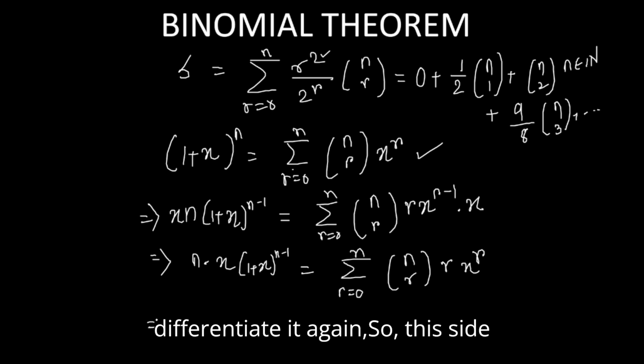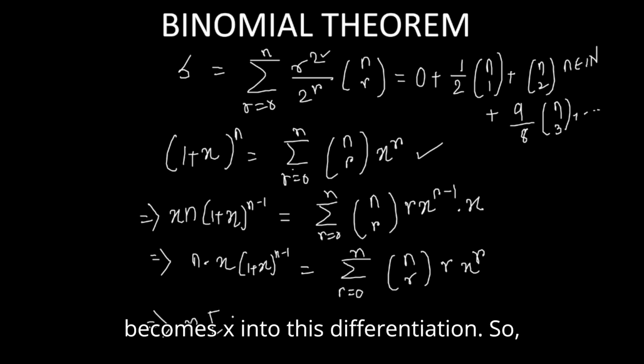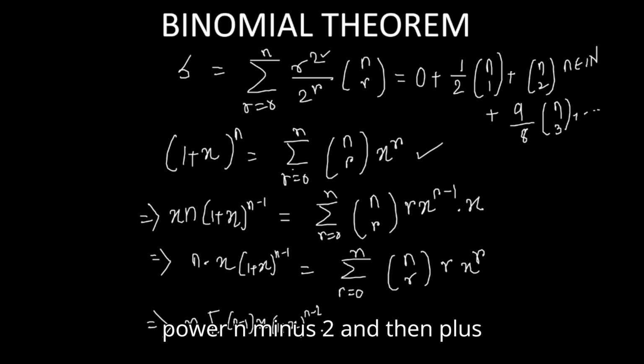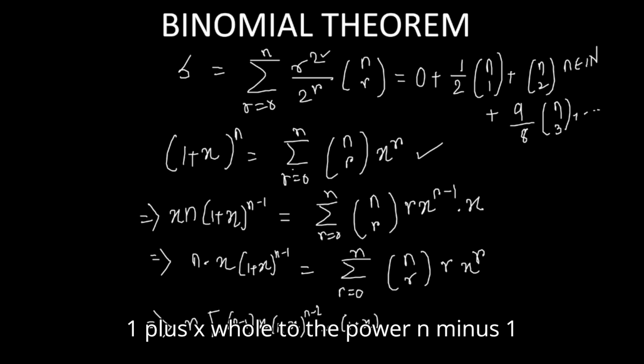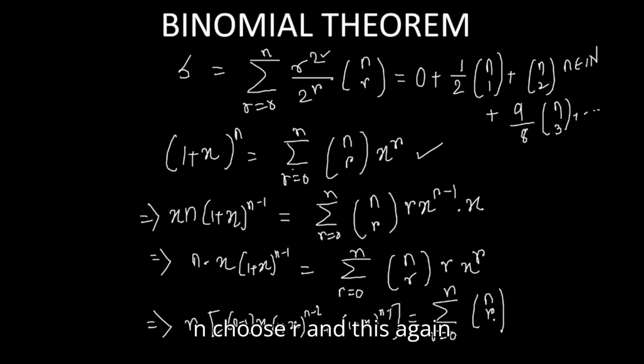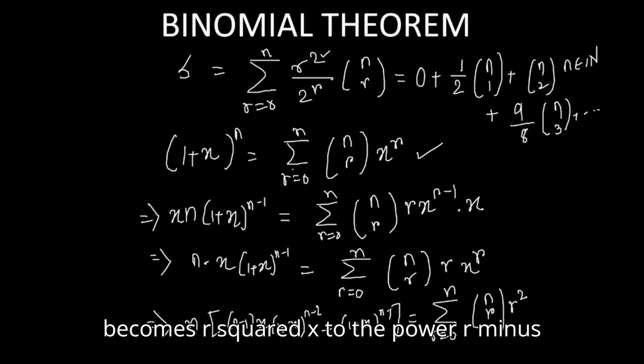Now when you differentiate it again, this side becomes x into this differentiation. So this becomes n(n - 1)x(1 + x)^(n-2) plus (1 + x)^(n-1), and the right hand side becomes the summation r = 0 to n of nCr r squared x^(r-1).